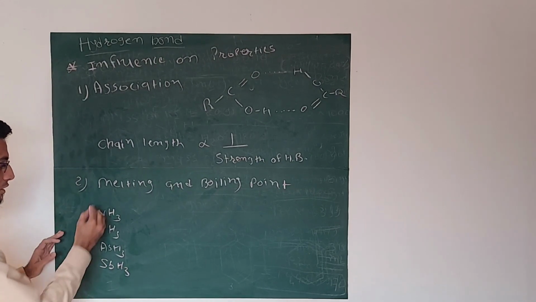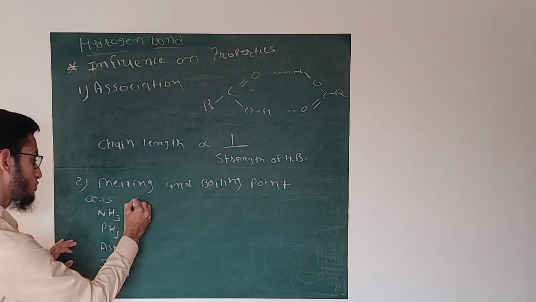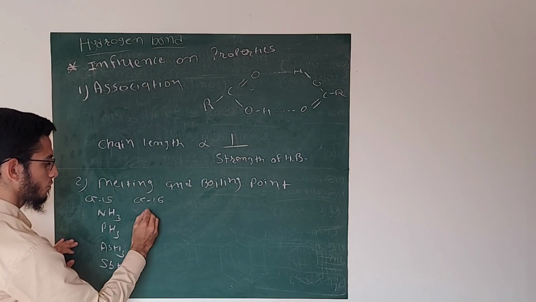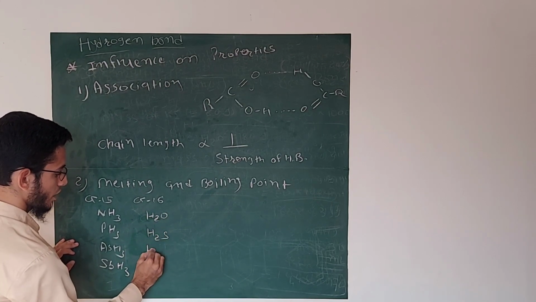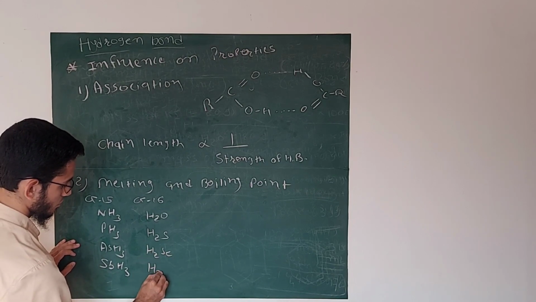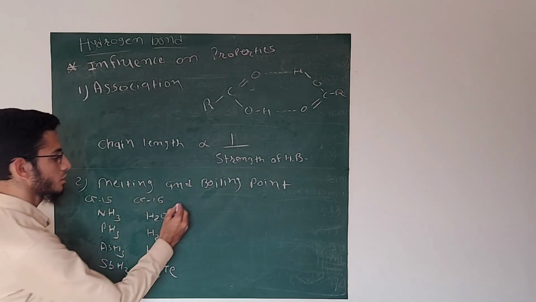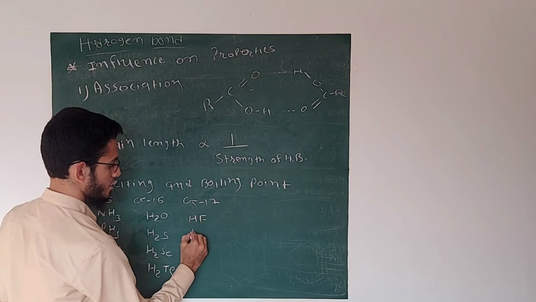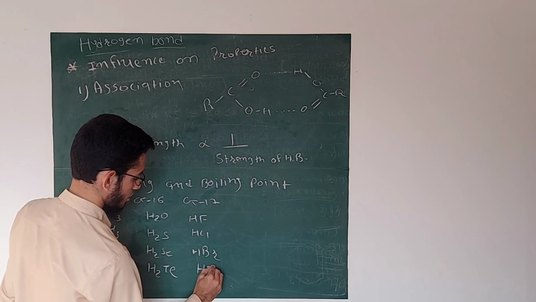Then group 16: oxygen means H2O, then H2S, then H2Se, H2Te. Then for group 17: HF, HCl, HBr, and then HI.